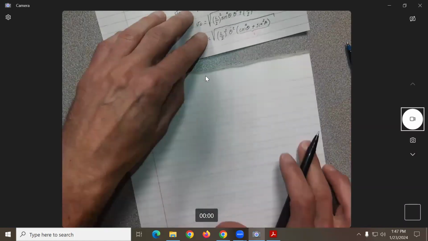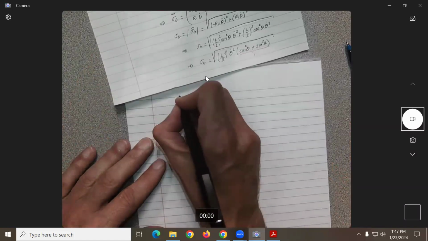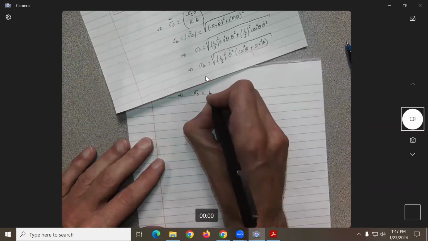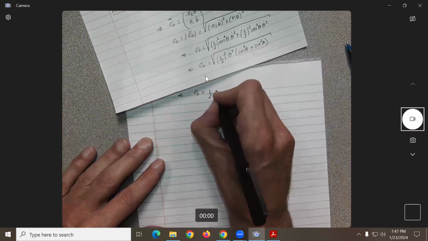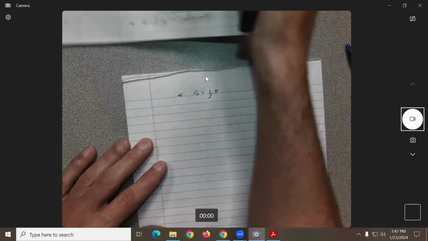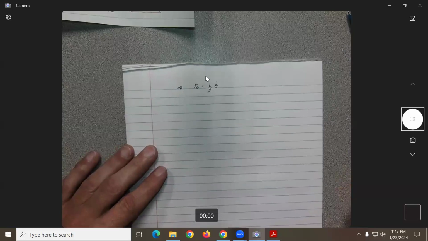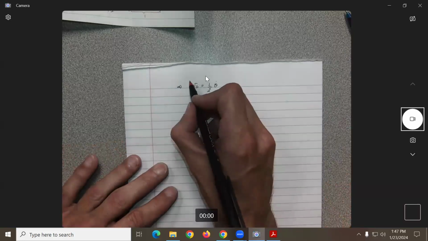So at the end, what do we have? Vg will be equal to L over 2 theta dot, no? You see, normal algebra just by changing one little thing.